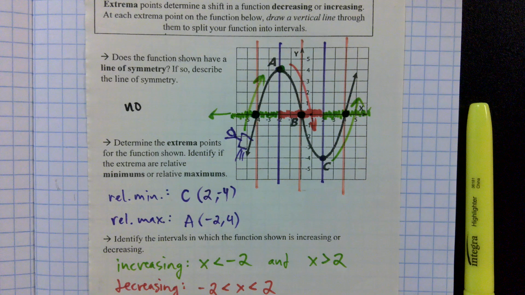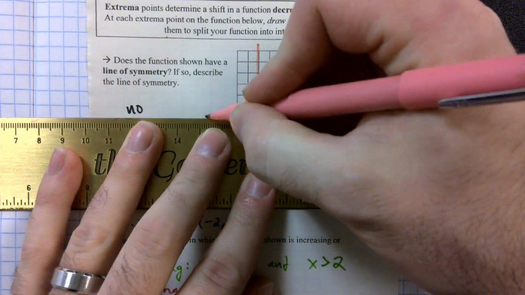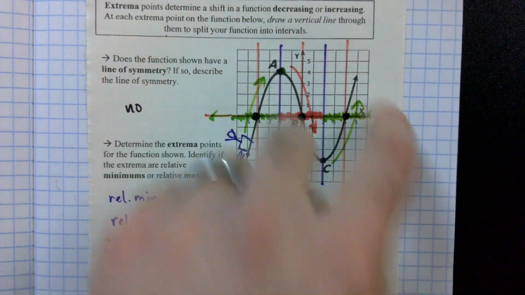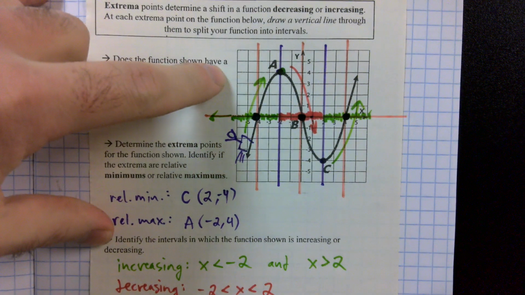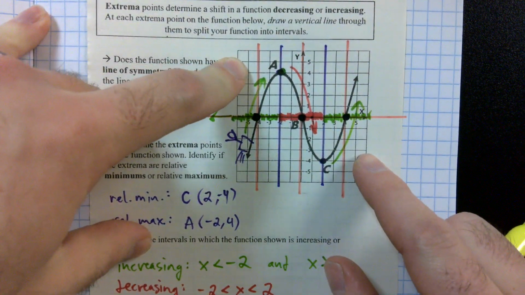And of course, we can't forget, I'm going to draw a line through my y-axis as well. So I've got 1, 2, 3, 4, 5, 6, 7, 8 sections of my graph to highlight. We're going to ignore the sections without my function. So this section, that section, that section, that section.